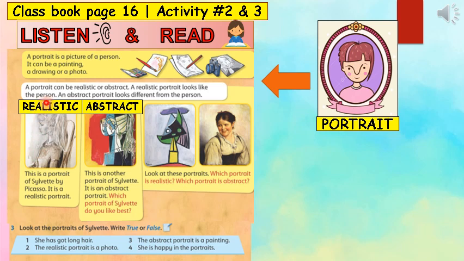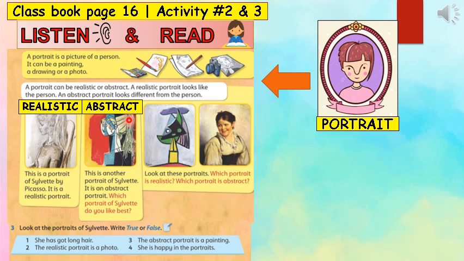Or yes, this looks very similar to the person. And in the second one, we have an abstract. This is an abstract, okay? Yes, realistic and abstract.